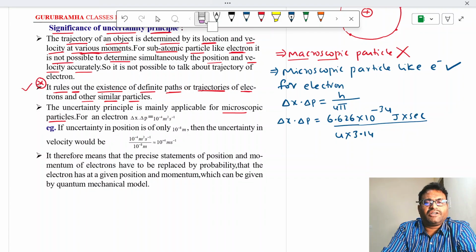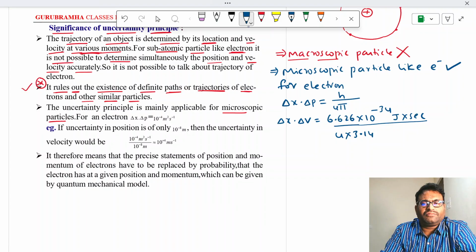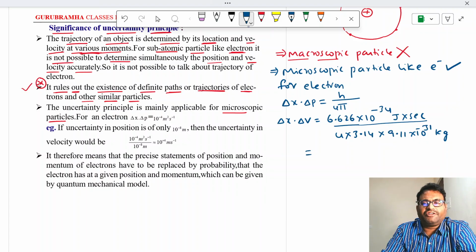Let us calculate delta v. The mass of an electron is 9.11 into 10 power minus 31 kg. If we calculate this, we get 10 power minus 4 meter square per second, which is delta x into delta v.